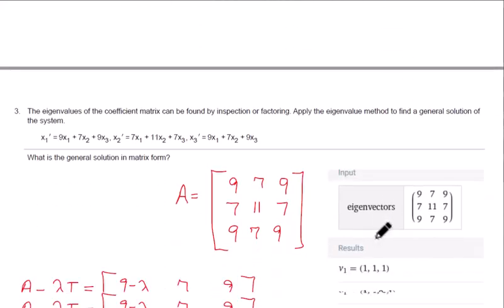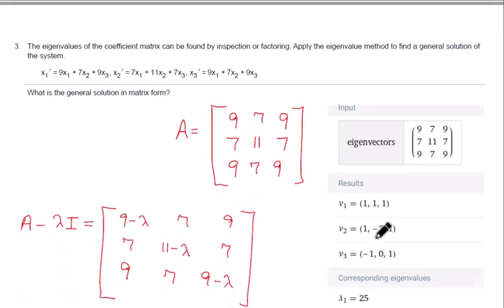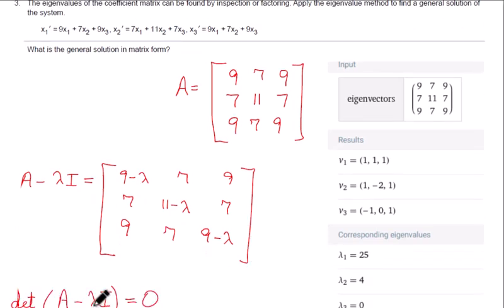All right, so looking at question 3 here, we have 3 equations. Form matrix A. I've got A minus lambda I, which is this 3 by 3 matrix. To find the eigenvalues, I need to find the determinant of this thing and set it equal to 0.